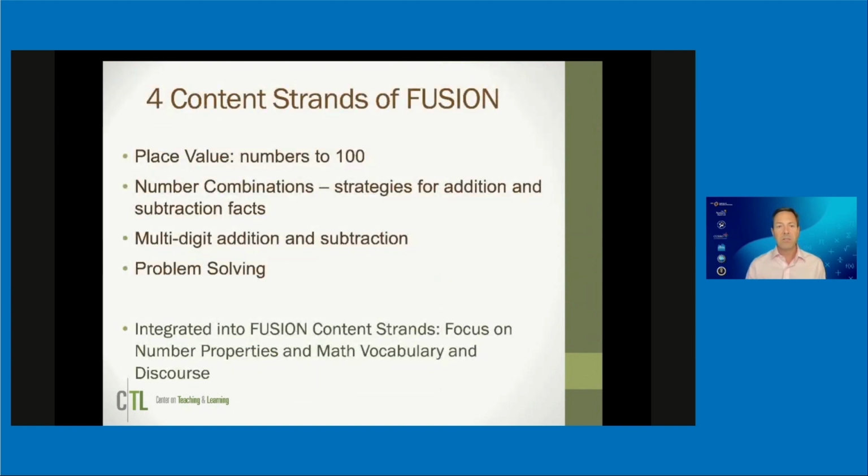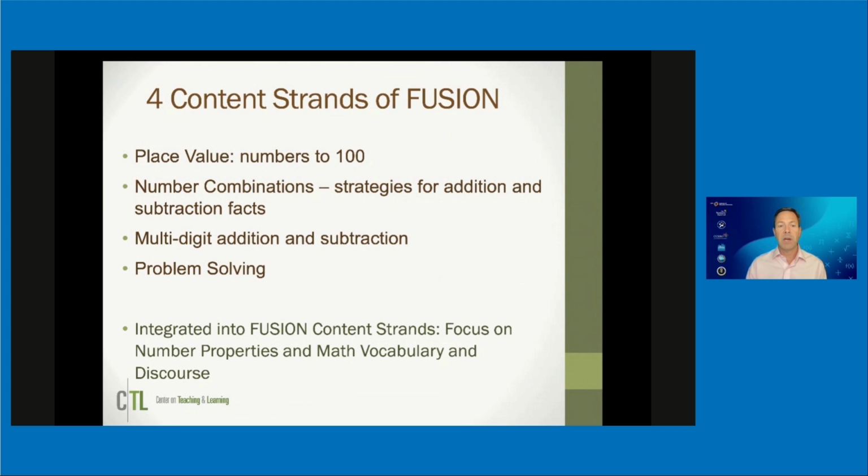There are 4 content strands in Fusion. Primary focus was on this idea of understanding place value and becoming very familiar with the importance of place value, the concepts behind it, and doing that with numbers all the way up to 100. We had a focus on number combinations, including strategies for addition and subtraction facts. So first teaching underlying strategies and concepts of addition and subtraction before we moved into procedural fluency with those number combinations.